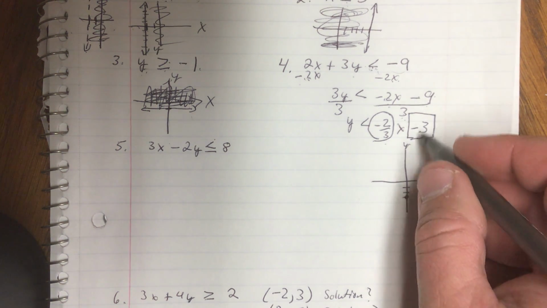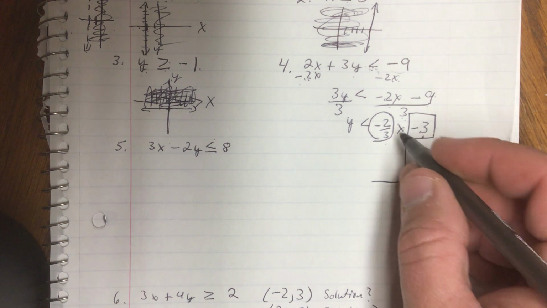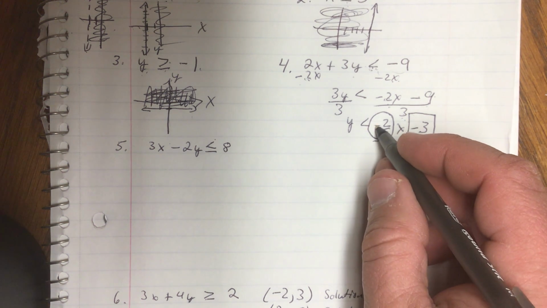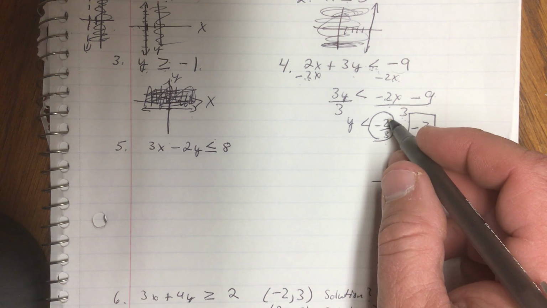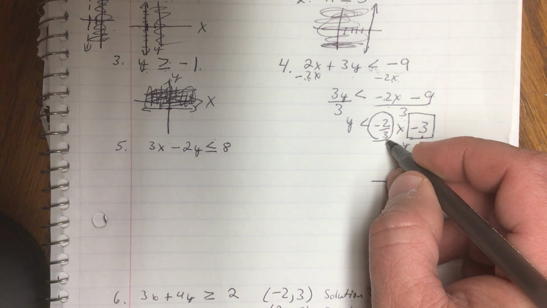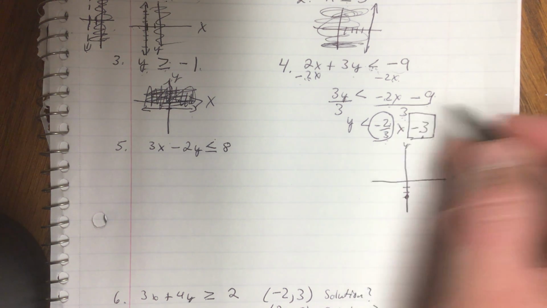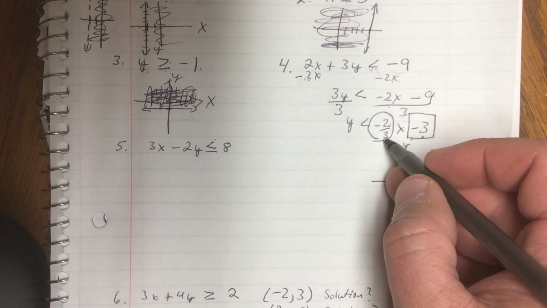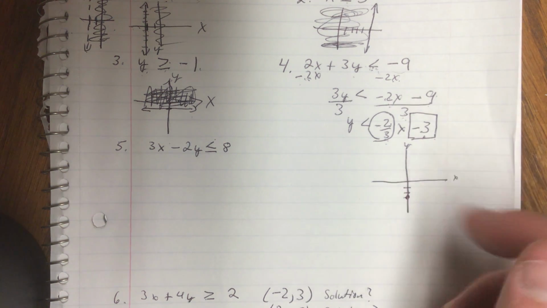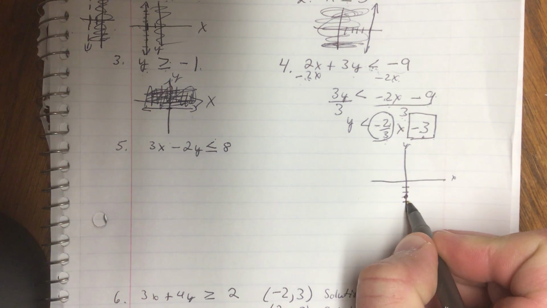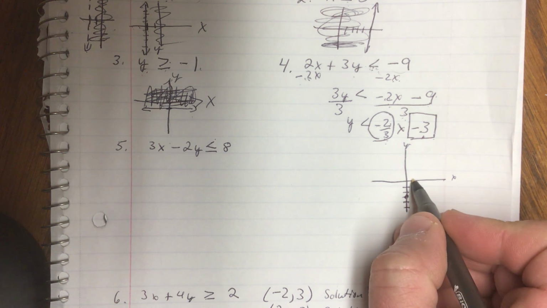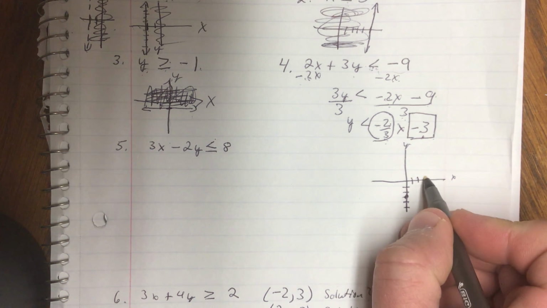At this point of negative 3, follow the slope. The slope is always the rise or fall over the run. So I'm going to fall to, or go down to, and to the right, or in a positive direction, 3. So I'm going to go down 2 and right 3.